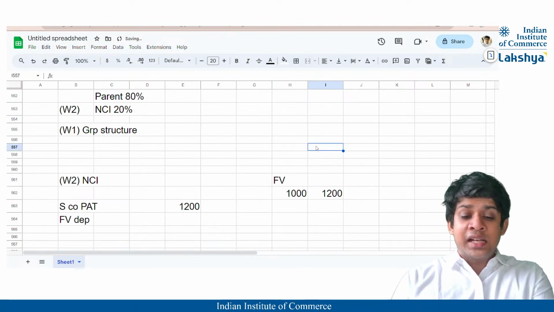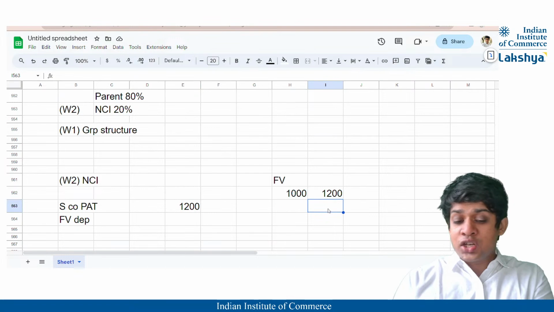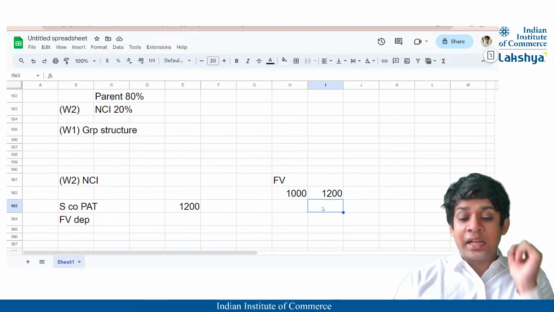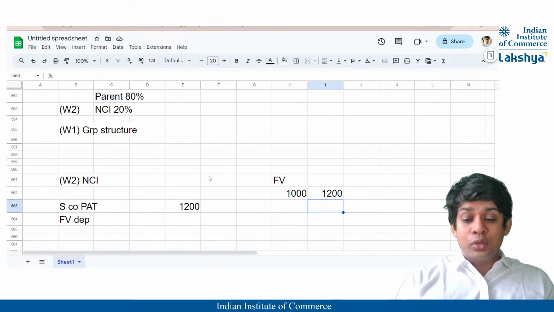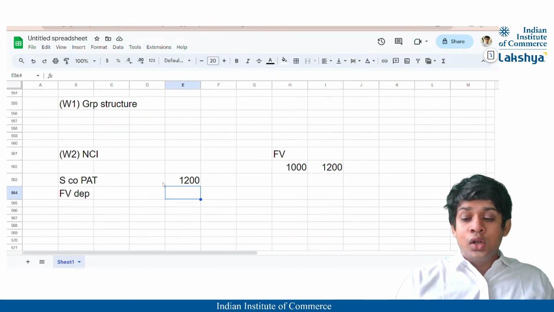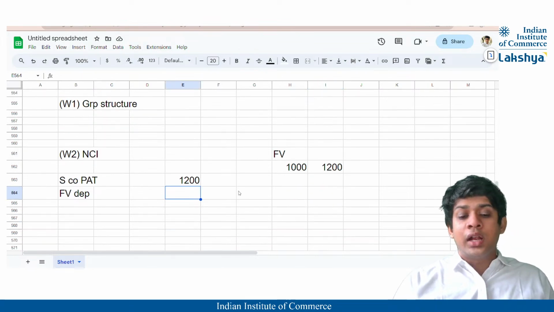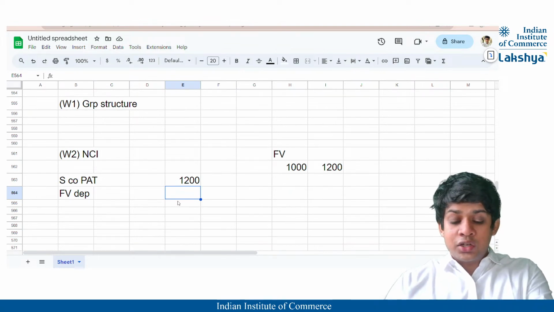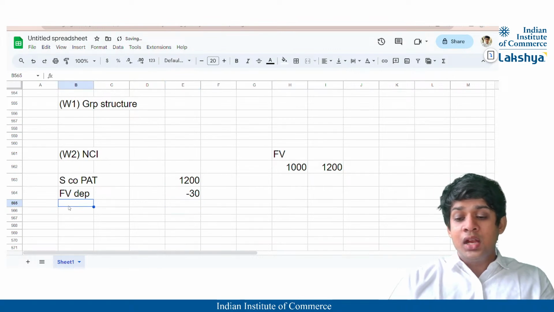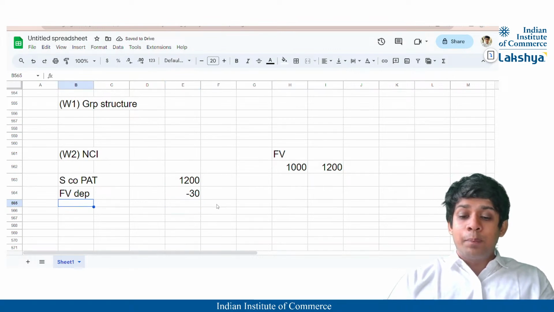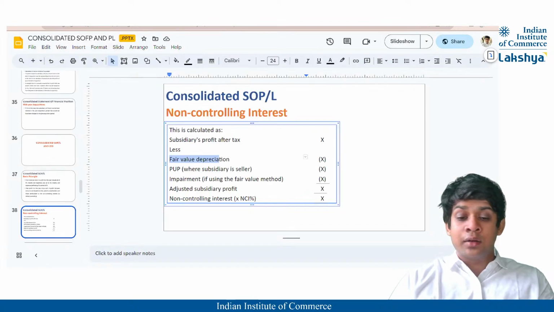We stated that as a fair value adjustment in working note 2, if you remember yesterday's class. Then we charge depreciation on it. Whatever is the depreciation charged, that excess depreciation also belongs to the NCI, so that shall be deducted. If there is a depreciation of, say, $30, the complete depreciation shall be deducted, then 20% of it eventually will be taken.